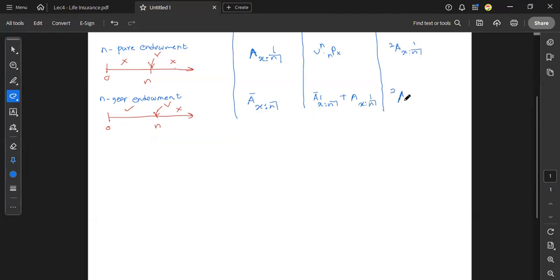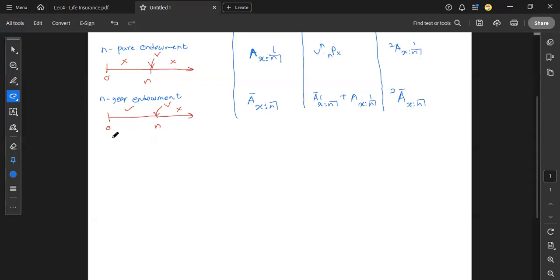So the notation for the second moment says this, which means replace the deltas in the term life as 2 delta and replace the n in pure endowment as 2n. Then sum those values, and you get the second moment of the n-year endowment insurance.